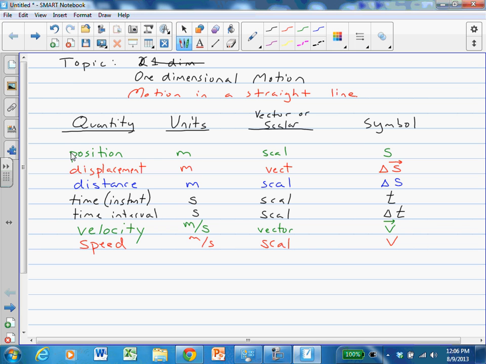Average velocity is also measured in meters per second. It's a vector, and it has a bar over it. It has the vector symbol, the arrow, and the bar means average.